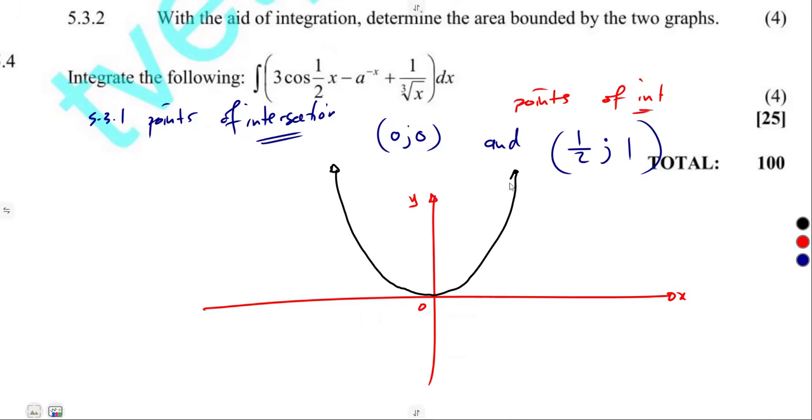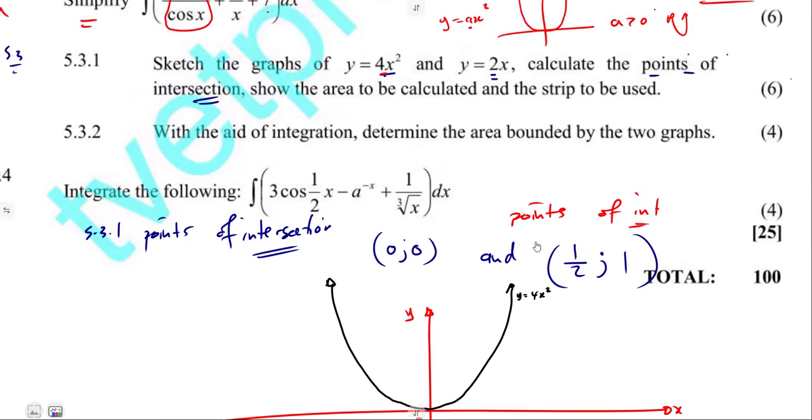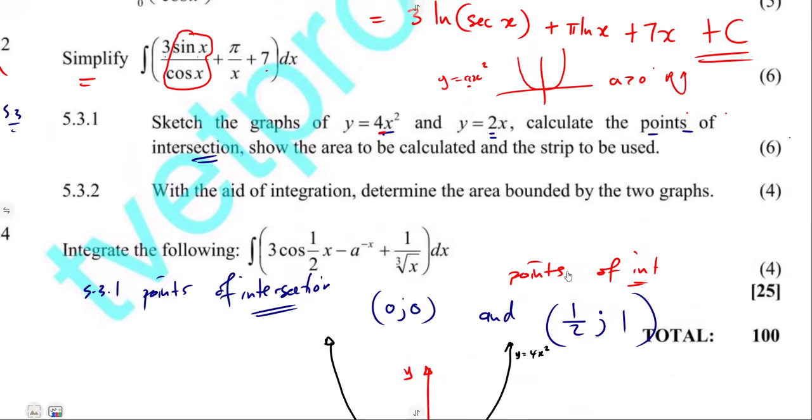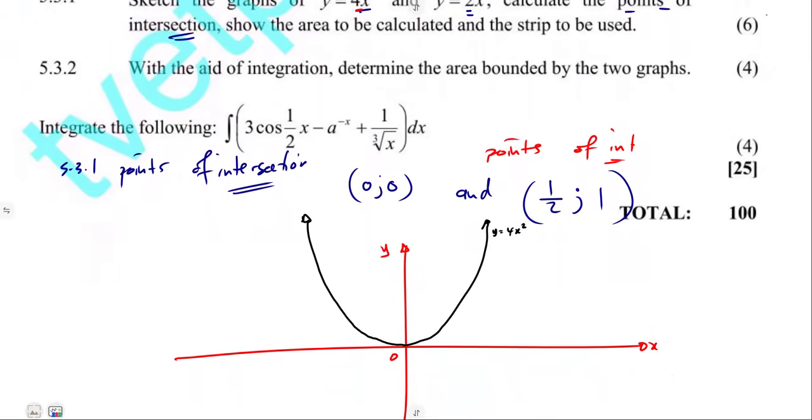So that's the graph of y is equal to 4x squared. And the graph of y is equal to 2x is simply a linear or a straight line, where you can simply use the points: when x is equal to 0, y is 0. When x is equal to 1 over 2, y is 1. So you can draw that line like that.